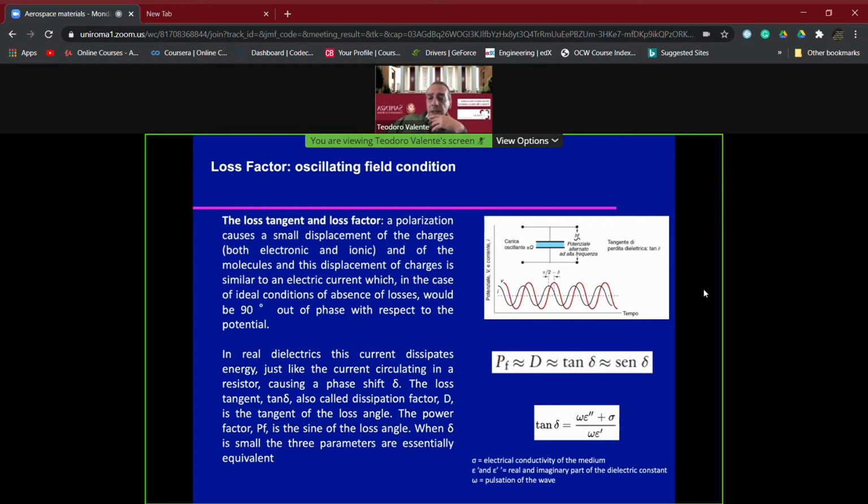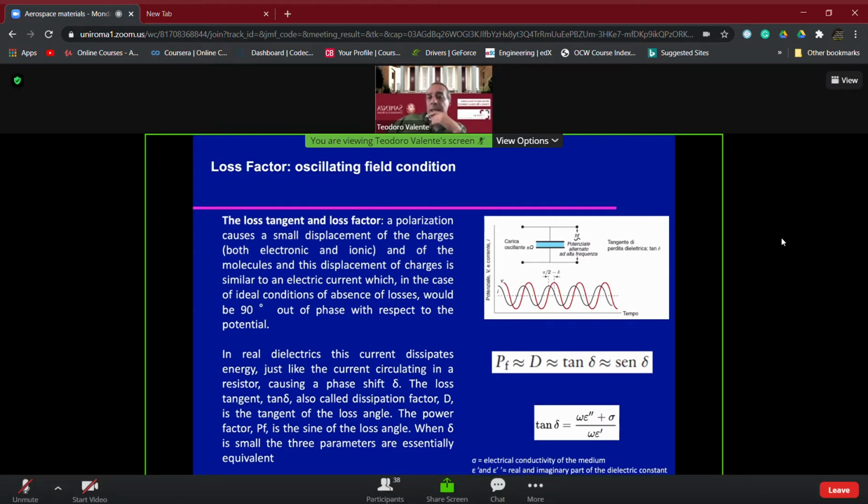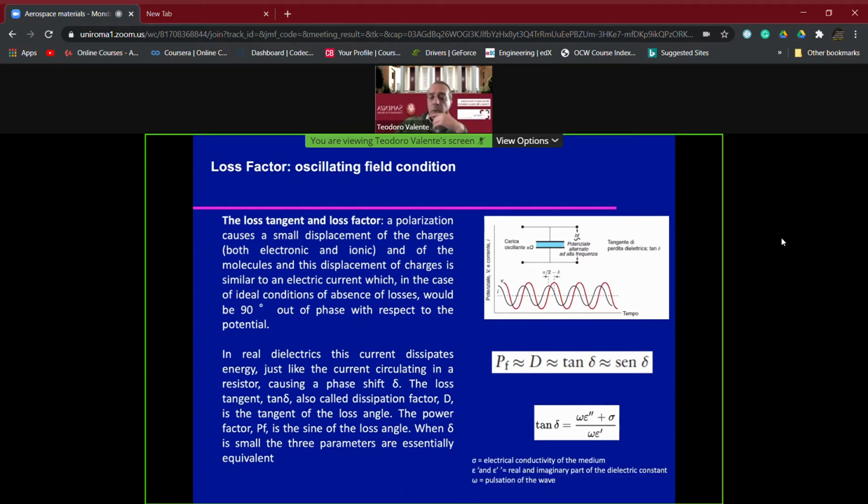You see here the real and imaginary parts of the dielectric constant, together with the frequency, that is the pulsation of the wave, obviously related, and the electrical conductivity of the medium. Why is this loss tangent, and then, as we will see in a moment, the loss factor, important?